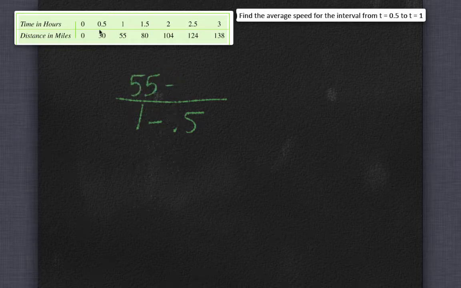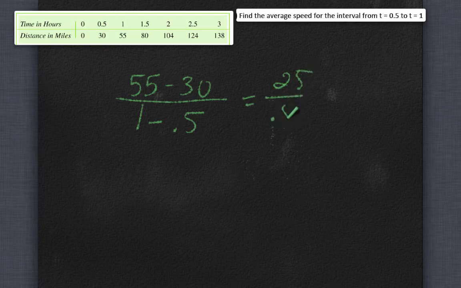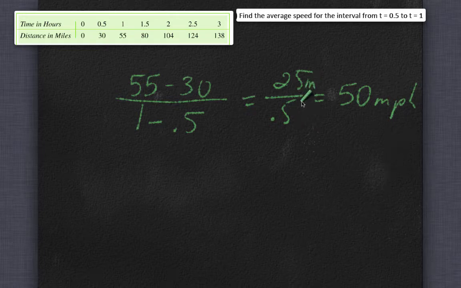But at the beginning, at that half an hour, I'd already gone 30. So I went 25 total, but that's found by subtracting the beginning from the end point. So 25 divided by 0.5 is 50 miles per hour. There's really an m over here and an h over there, so miles per hour is miles per hour. Division means per.